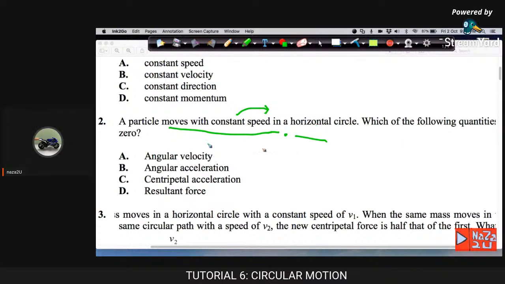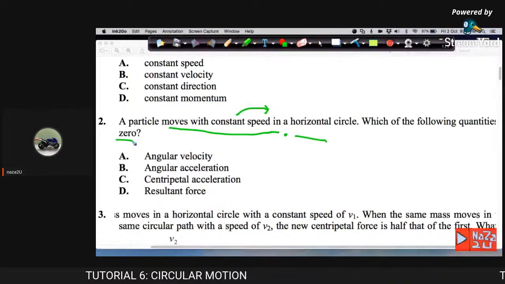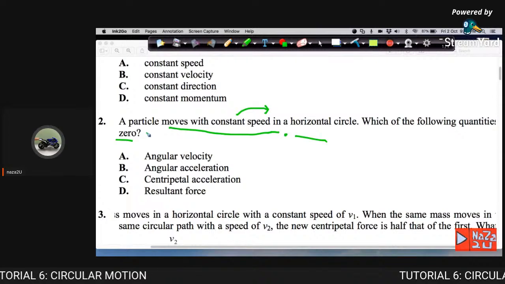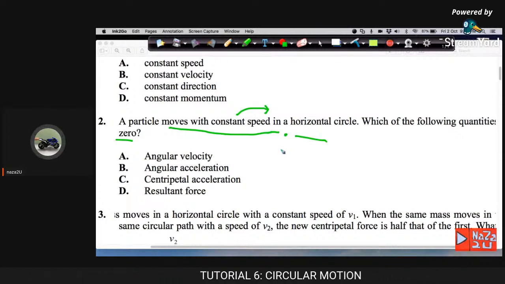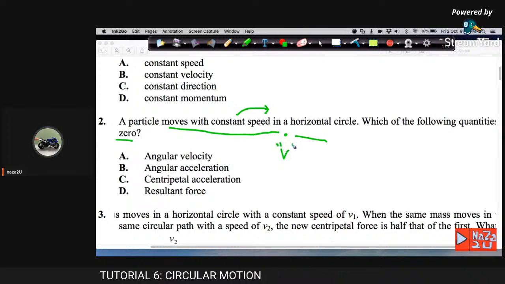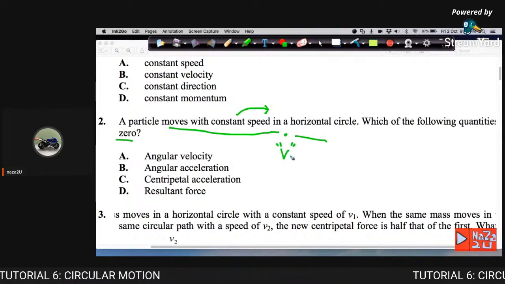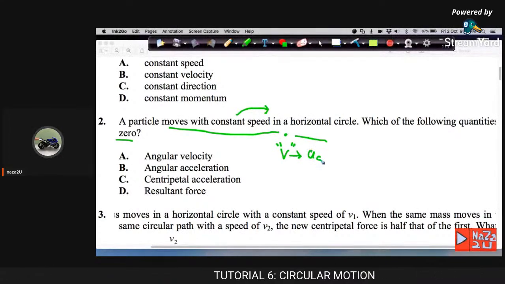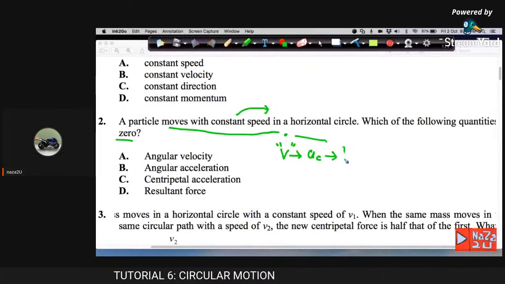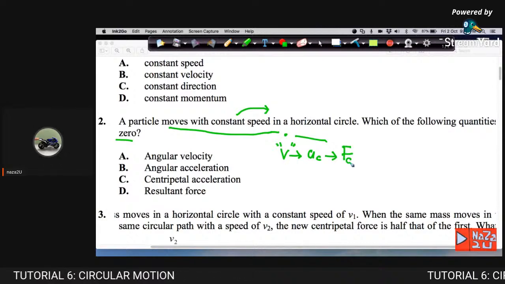Which of the following quantities is zero? So meaning here, we have speed, but the change of direction of the speed produces acceleration AC, and you can relate to the centripetal force FC.